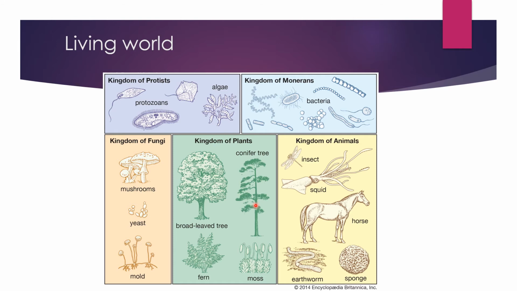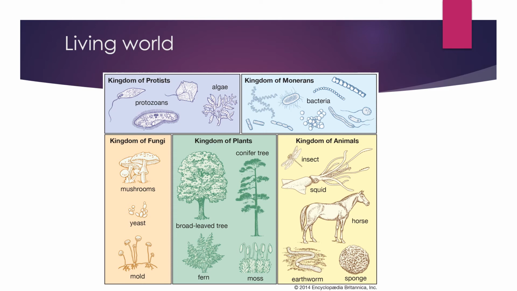We will discuss it. Next one is the animal kingdom. So all the animals fall into this group. So the living world has 5 categories. First one is the protist. Next one is monera. Third one is the fungi. Fourth one is the plant. And fifth one is the animals.